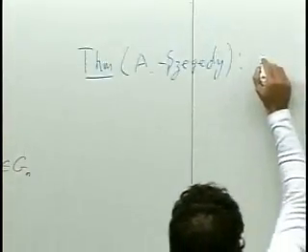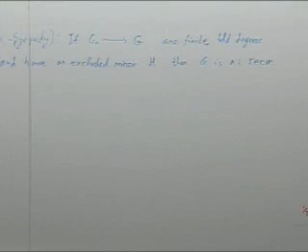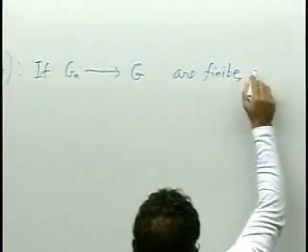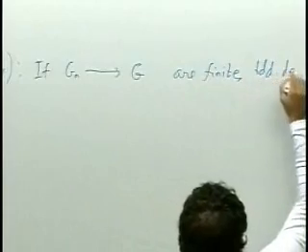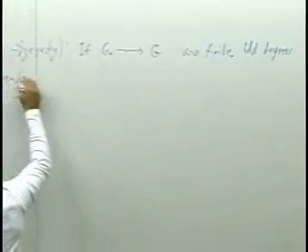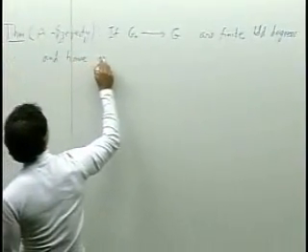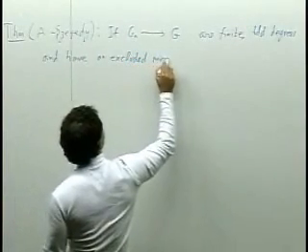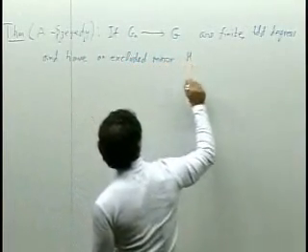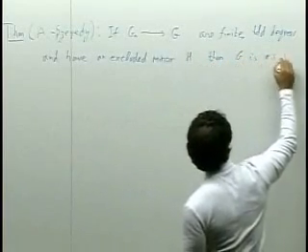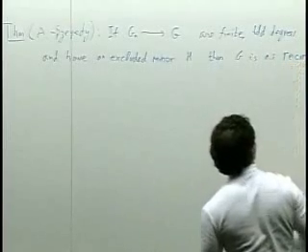So if G_n converge to G, and they are finite with bounded degrees, and have an excluded minor, which I'll call H, then G is almost surely recurrent.